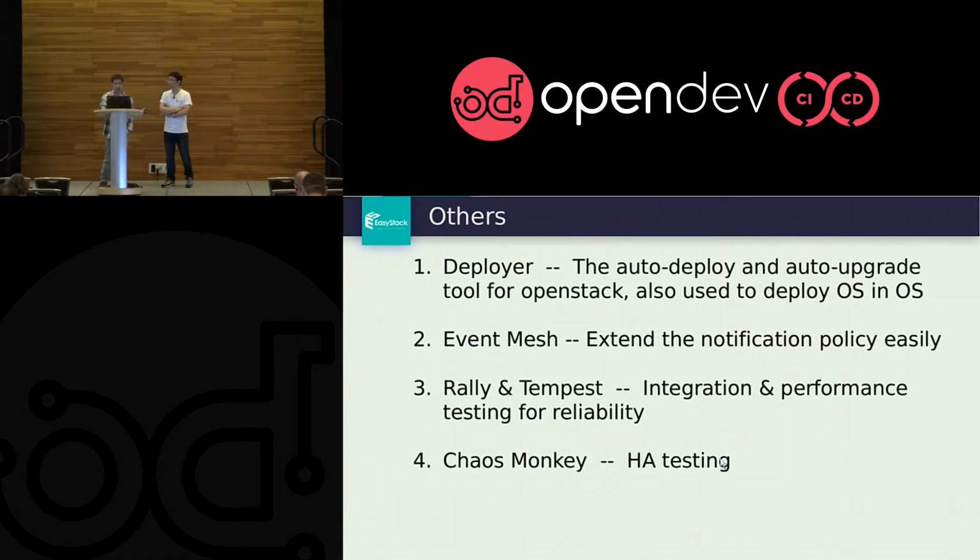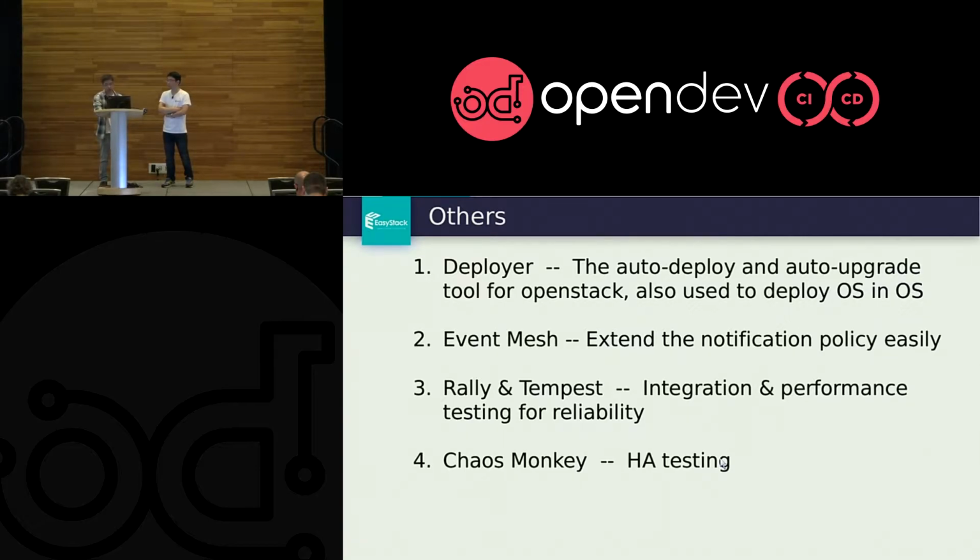Okay, event mesh. Zuul doesn't provide many ways to extend its functions. So we integrated this event mesh to Zuul and executors, and this gives us the ability to extend whatever you want in your CI/CD jobs.